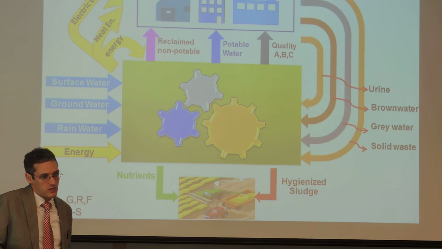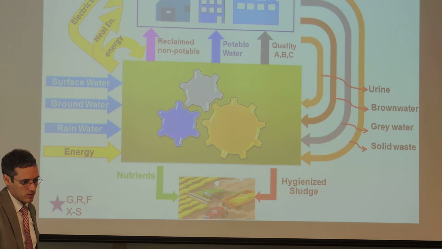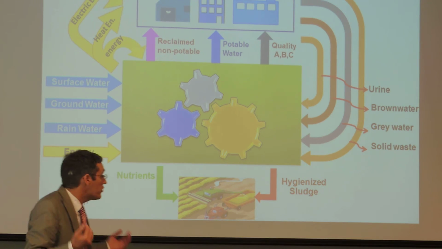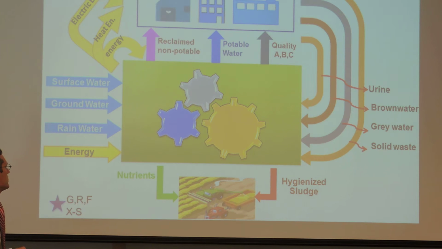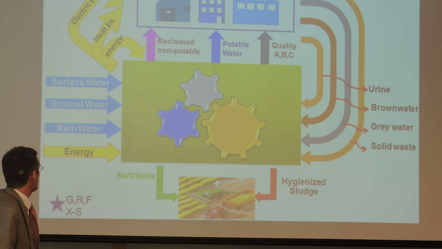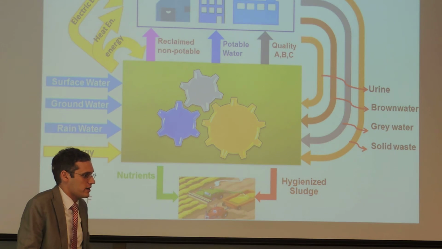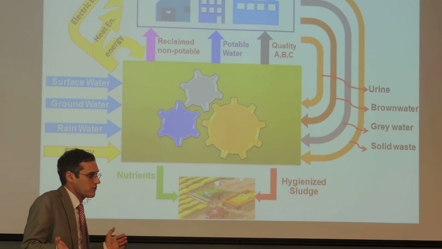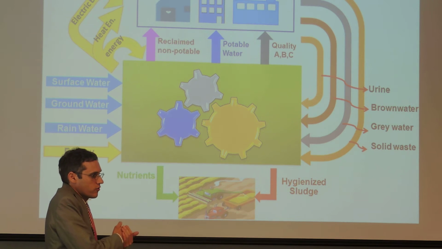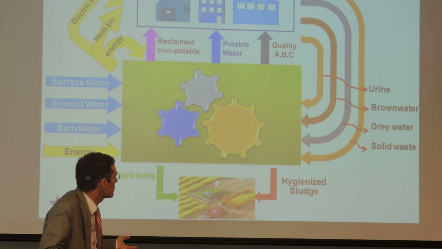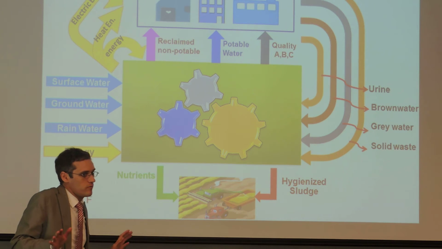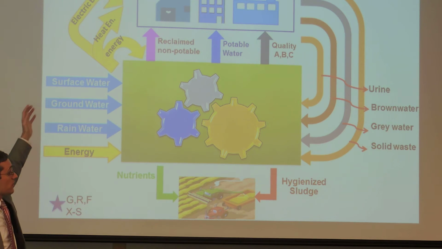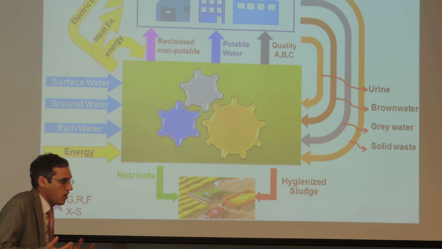Nowadays, our treatment technologies are so good that we can really think about something we call a water machine. Remember, it's basically a machine where you can feed in different qualities of water, from conventional water sources, rainwater, and even wastewater, which can produce different qualities of water, not only drinking water, but also reclaimed water, like surface water. But it doesn't stop with the water. Think about a machine which can recover energy out of this water.